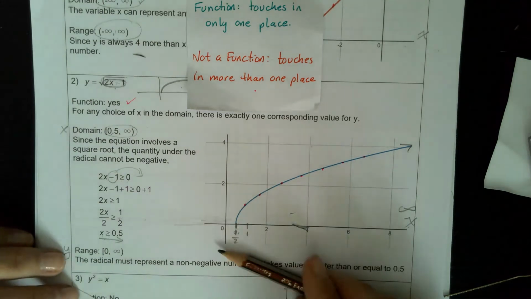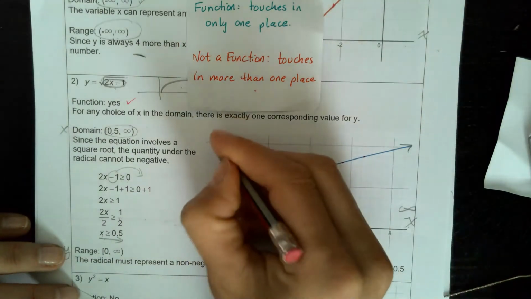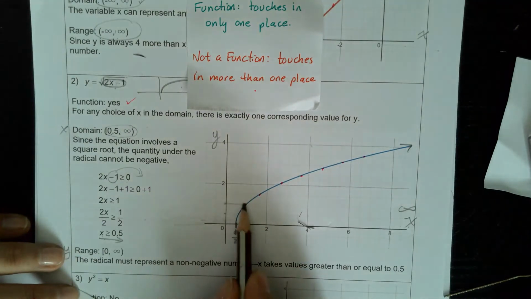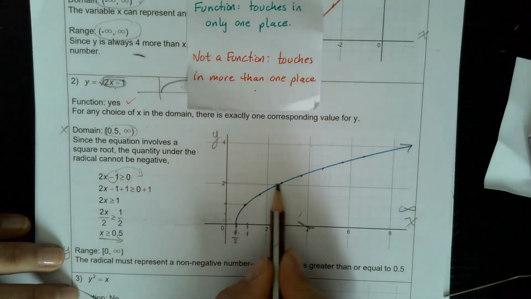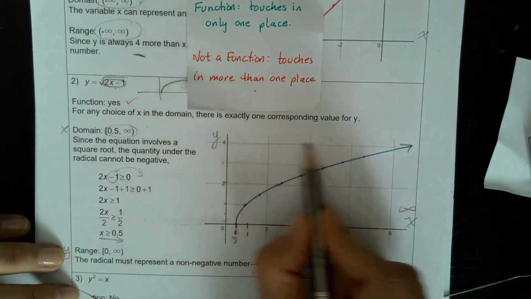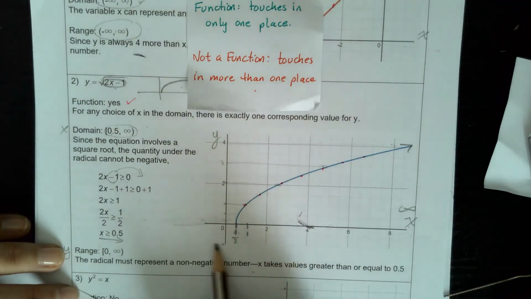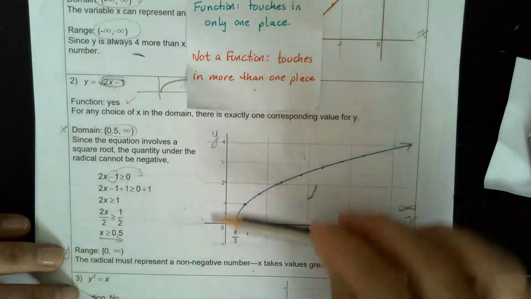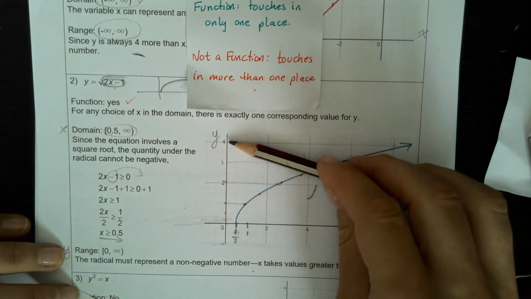Now when we do the range, y. If I look at my graph, here's y. Y is 1, I have a graph. When y is 2, I can touch the graph. When y is 3, I can touch the graph. When it's 4, but when I'm down here, there's no graph. So you can see the graph only exists when y is 0 or bigger than 0.